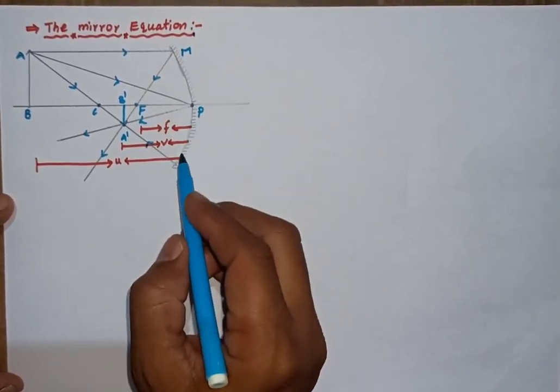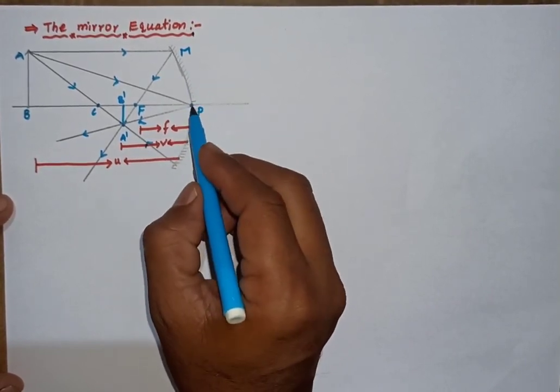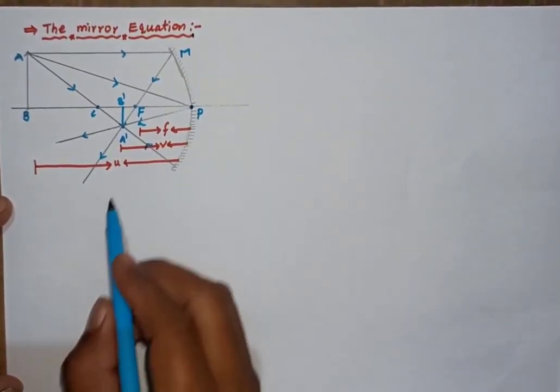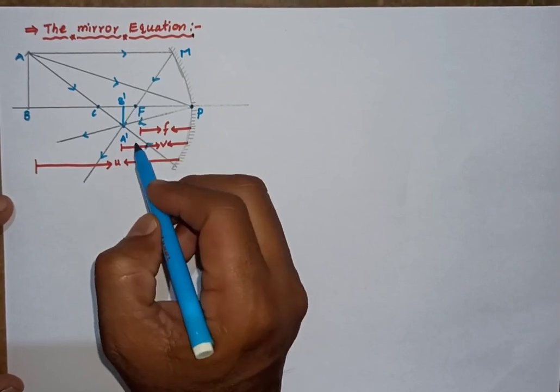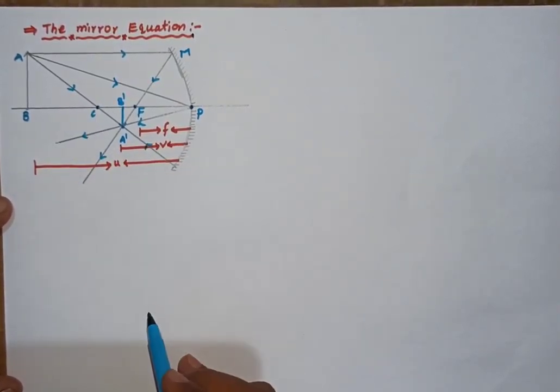Here we consider a concave mirror. The pole is P, F is the principal focus, and C is the center of curvature.